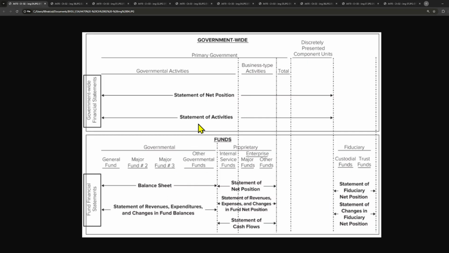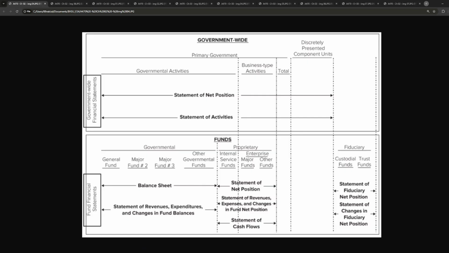Statement of activities is sort of an income statement. On the other ones, they call them the change in the fund balance, or the change in the net position. So those are activities. And then only one of these has a statement of cash flows, and that's the proprietary funds. Now, we're not going to get into those. We're basically going to focus a little bit on government-wide and then spend most of our time talking about governmental general funds and major funds and the accounting for those. So let's go ahead and take a look at some of that information.